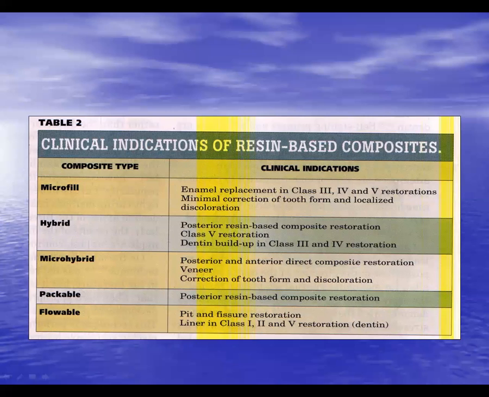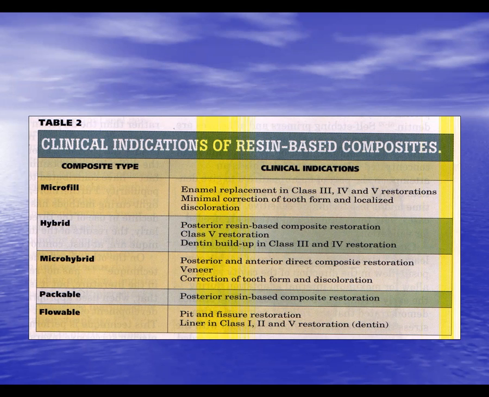Hybrid composite is having maximum strength, so that's why they are used in posterior resin based composite restoration. Right? We all know that in posterior tooth there is a maximum masticatory force, so we need a cement which is having the maximum compressive strength. So hybrid composite is having the maximum compressive strength. So they are used in posterior resin based composite restoration. Also in class 5 restoration.